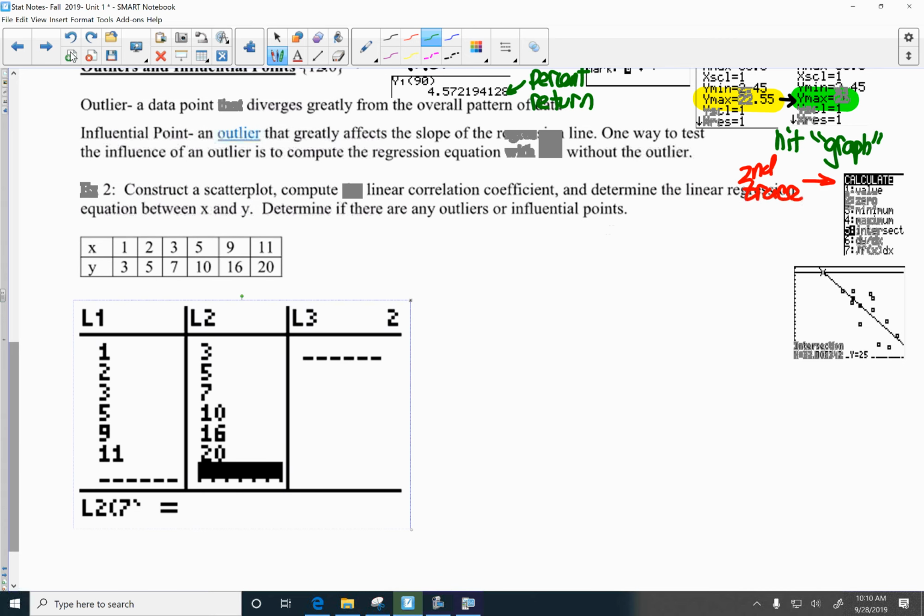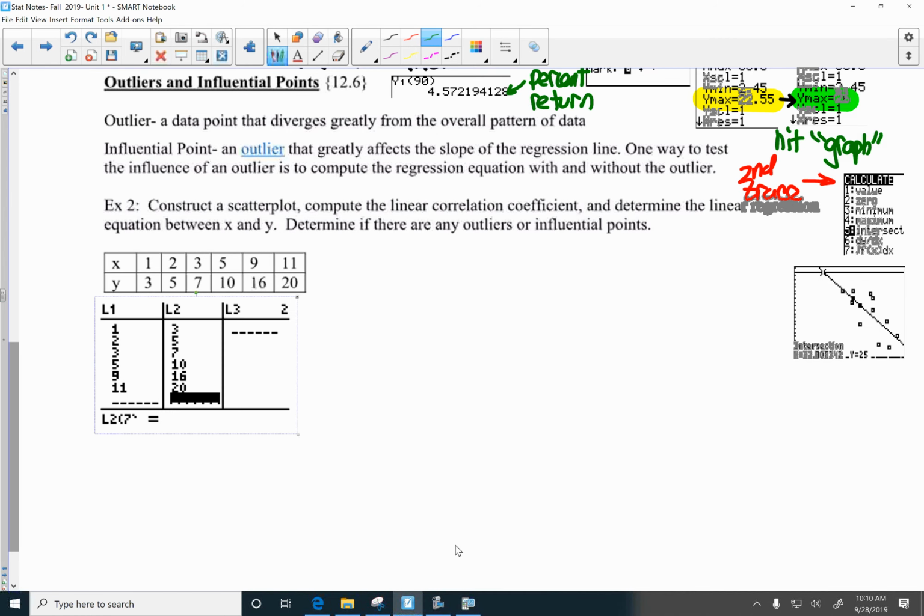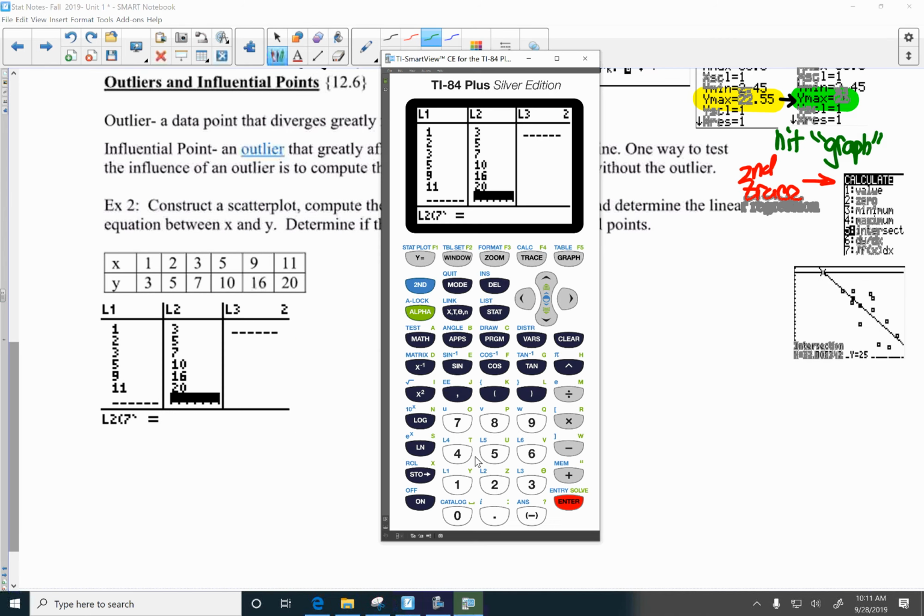This might be the better way to go. So type in your data. We're gonna follow a lot of the same procedures that we did in the last question. So we'll develop a little muscle memory here.